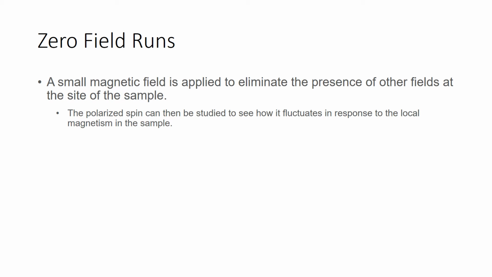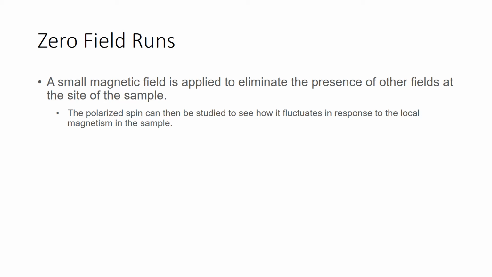In order to make sure that the muons interacting with the sample and the environment of the sample can be specifically studied in the data which we have, zero field runs were used, which means that a small magnetic field was applied to eliminate the presence of other fields at the site of the sample.